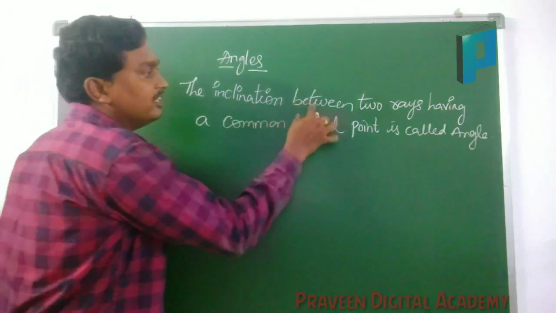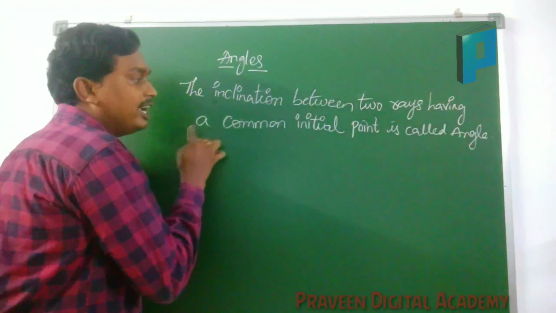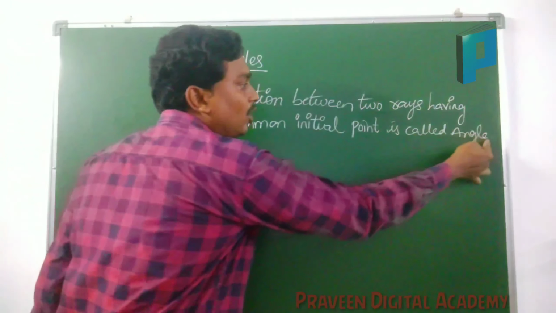Here the inclination between two rays having a common initial point is called angle.